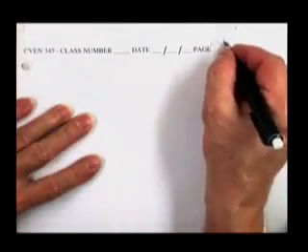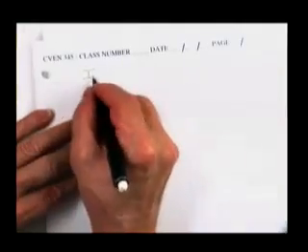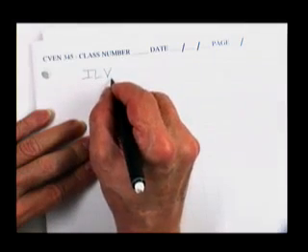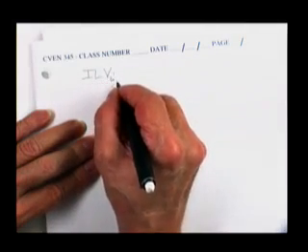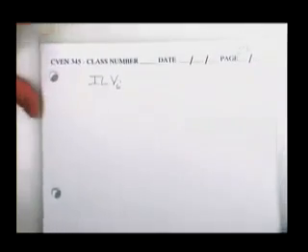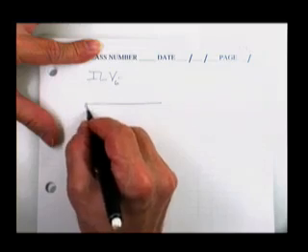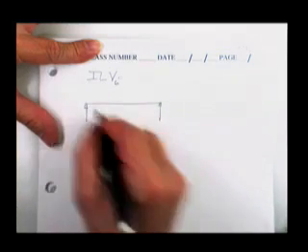Here is the influence line for the shear at the 6-foot mark. Same beam. Here's the beam. Here's the reaction. Here's the reaction.